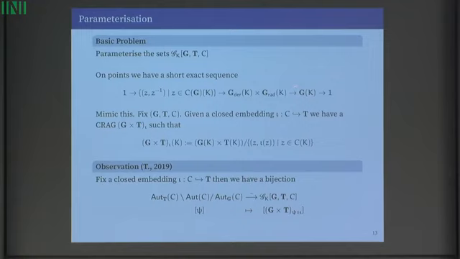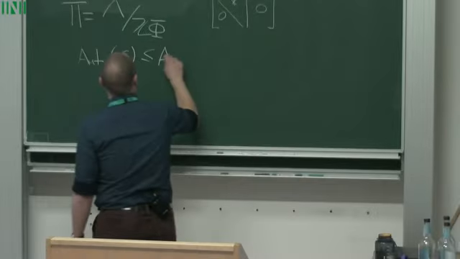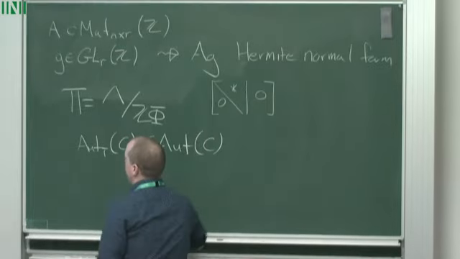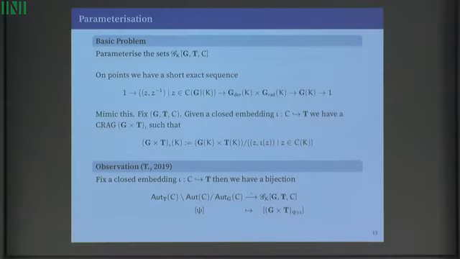Okay, and now the observation is actually that you can now just parameterize this set in terms of the automorphism group of this finite group. So here you're going to get two subgroups of the automorphism group. So you have a torus, and you have this subgroup sitting inside.